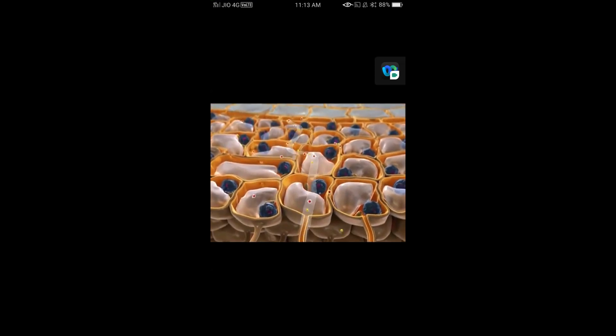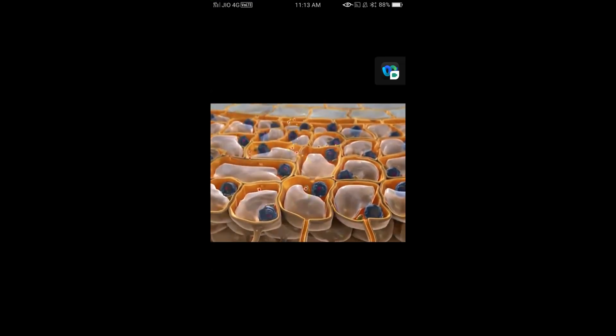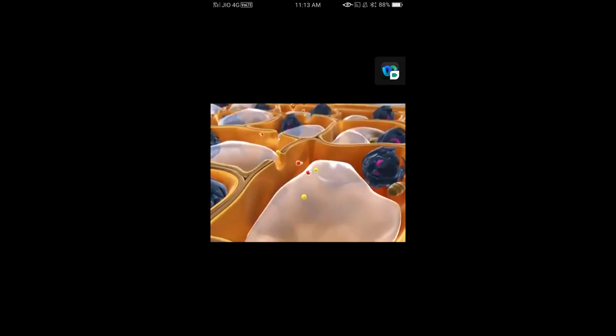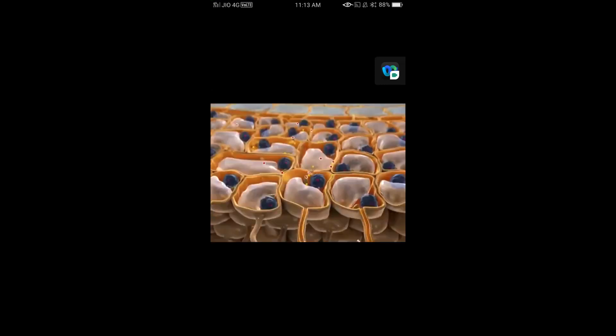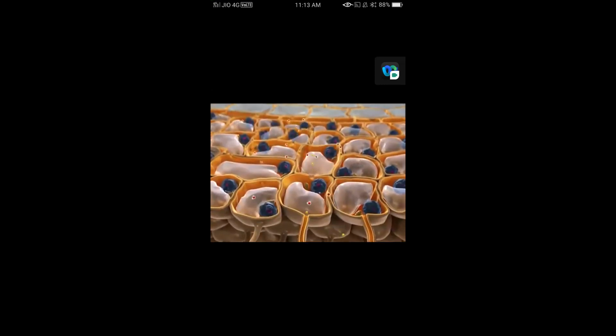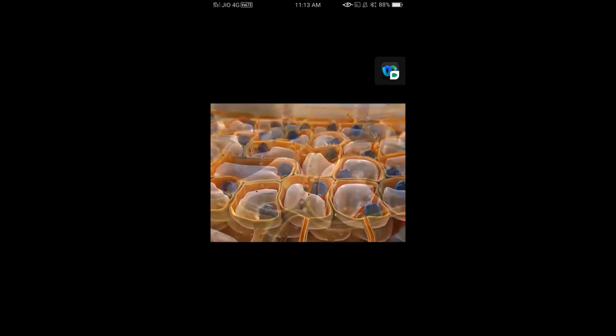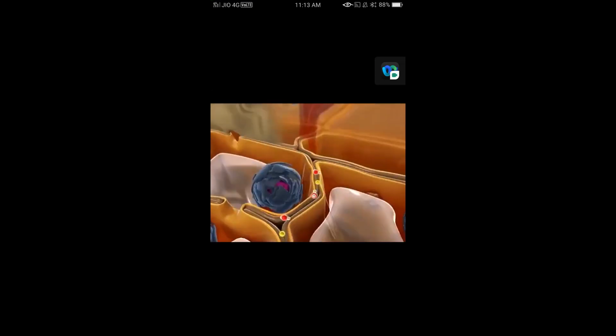So these are the two pathways. The one is the apoplast and the other one is the symplast. This is the symplast: the molecules are moving through the plasmodesmata. This is the second one: there's a movement of water through the intercellular spaces, through the walls. And finally, the water enters into the xylem. You can clearly see the video, how the water is absorbed.